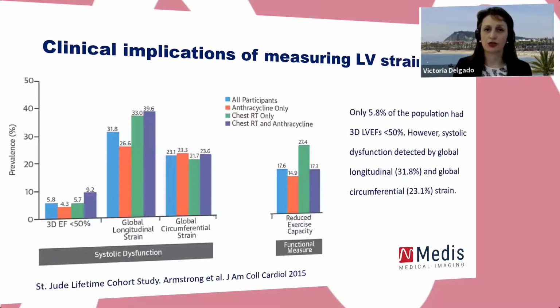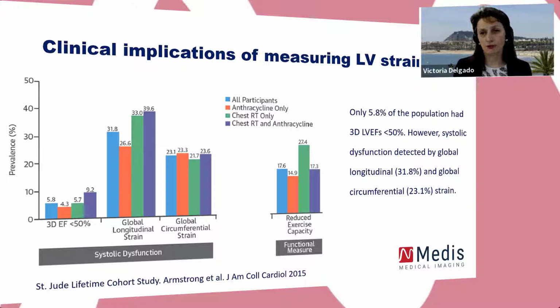What they showed is that there were many more patients with already some myocardial dysfunction when we use global longitudinal strain or circumferential strain, while when we use 3D left ventricular ejection fraction, the majority of the patients appear to have a normal function. And these values have implications in terms of how they correlate with the clinical status of the patient.